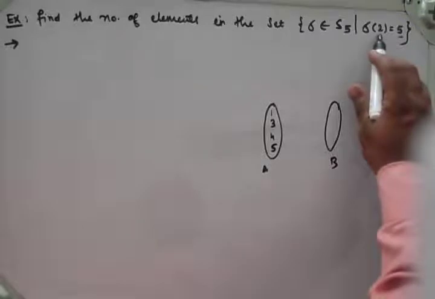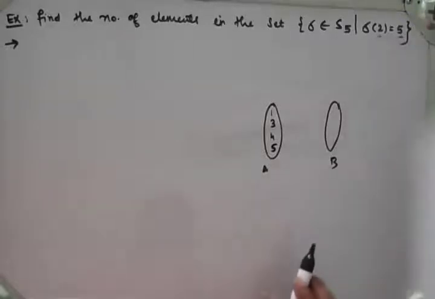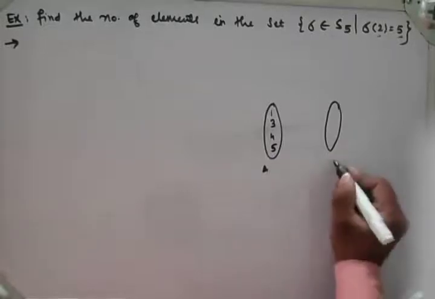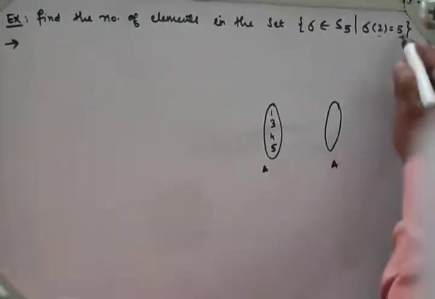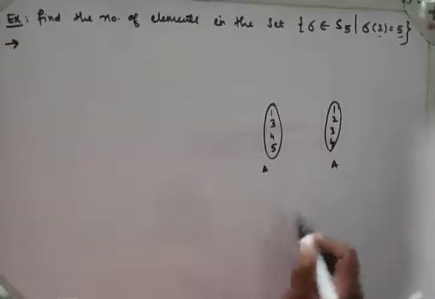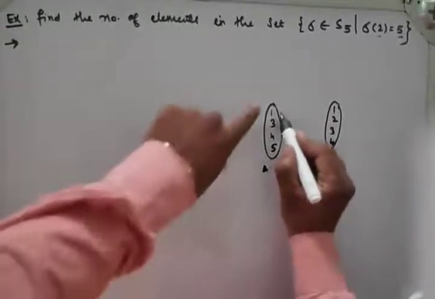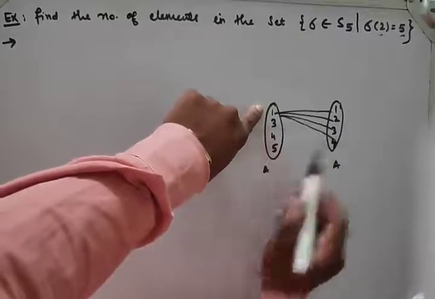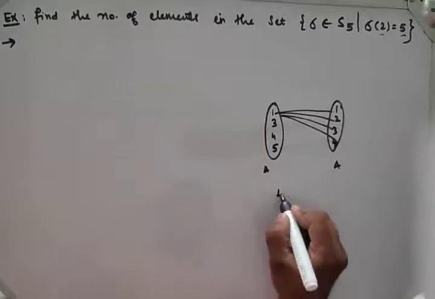Because 2 has fixed element 5. So here 5 is fixed. What are the remaining elements? 1, 2, 3, 4, right? So here 1 has how many choices? 1, 2, 3, 4. So 1 has 4 choices.